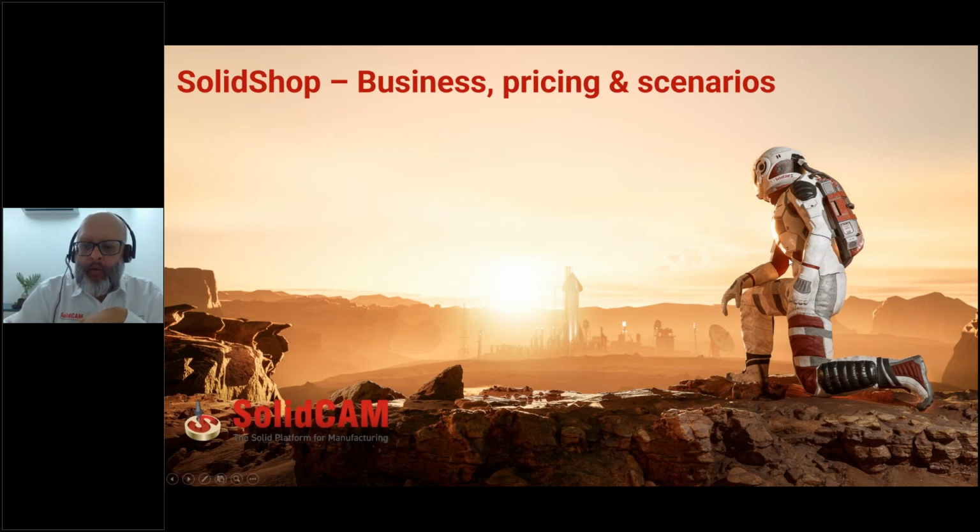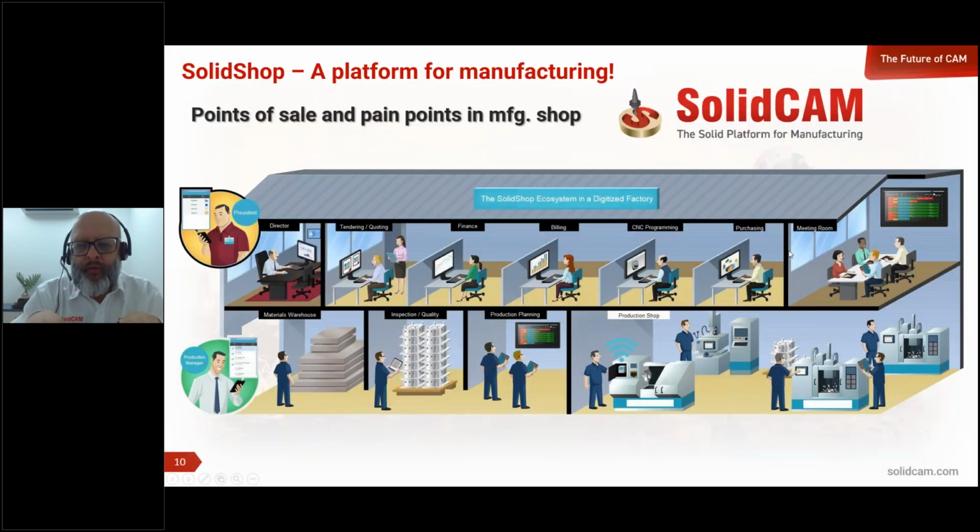So I'll go ahead here. I just want to review this very quickly so you guys can see points of sale and pain points in the manufacturing shop. So all areas where you can start to court and try to see all these departments that I'm going to show you here as opportunities or areas where we can sell SolidShop.